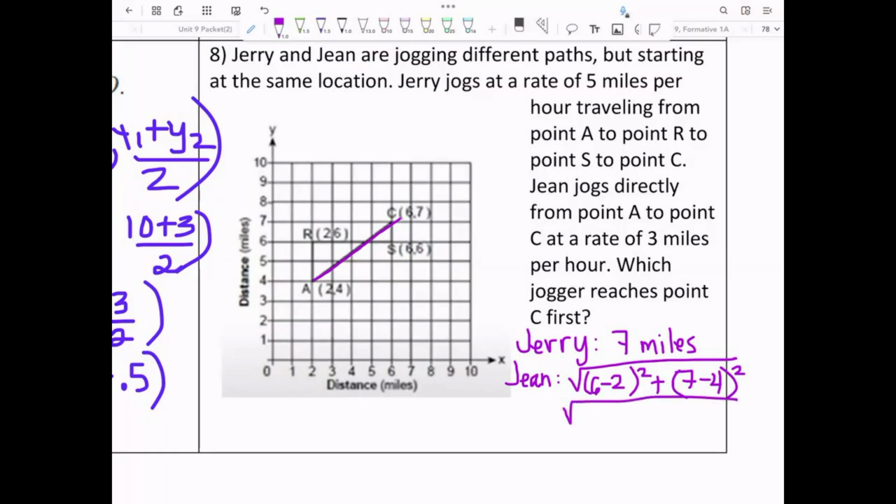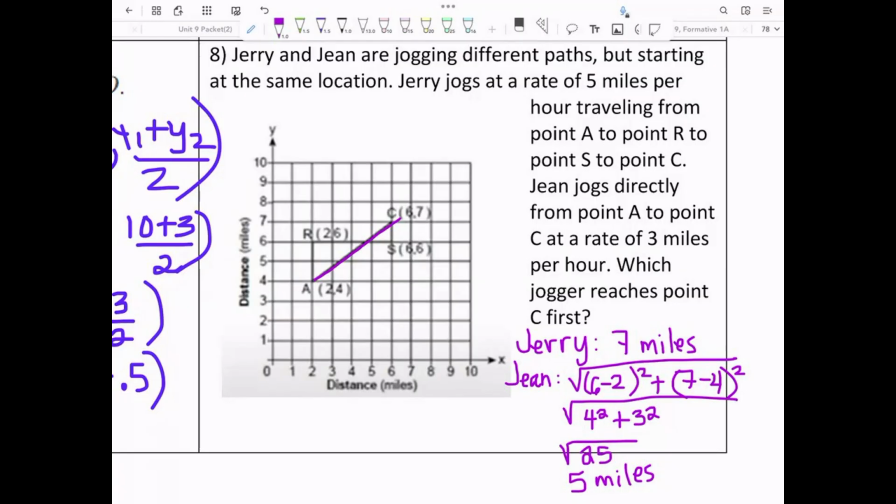So 6 minus 2 gives us 4 squared plus 3 squared. So that's 16 plus 9 is 25. So Jean ran 5 miles. So obviously the more direct route straight from A to C is fewer miles.